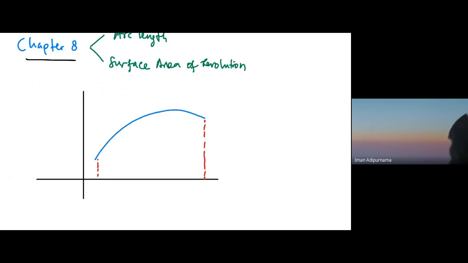The arc length means we are going to measure how long the curve is, and still it's from a to b.